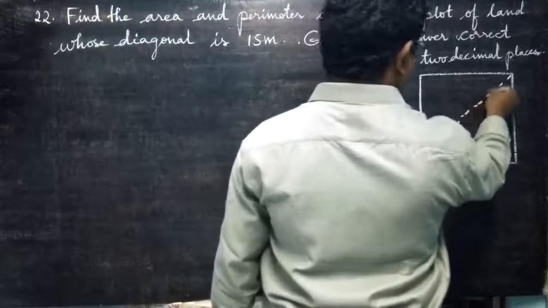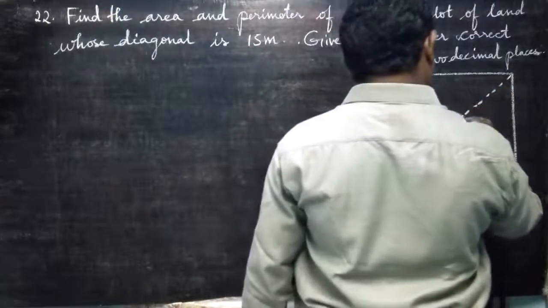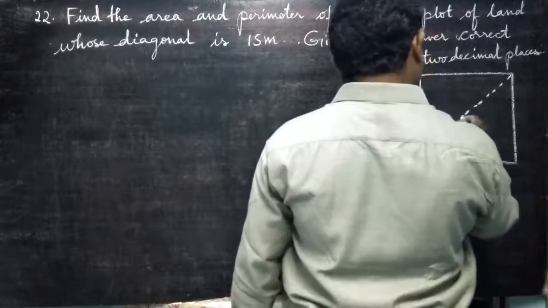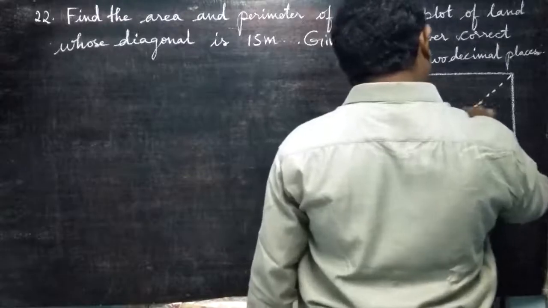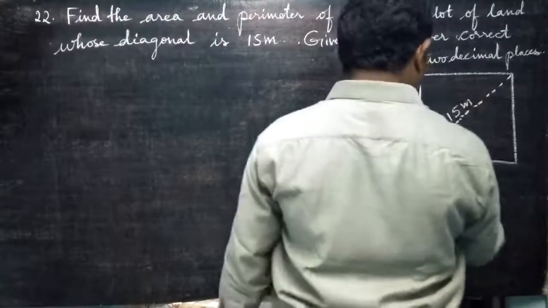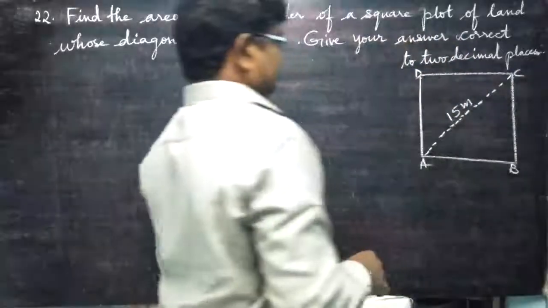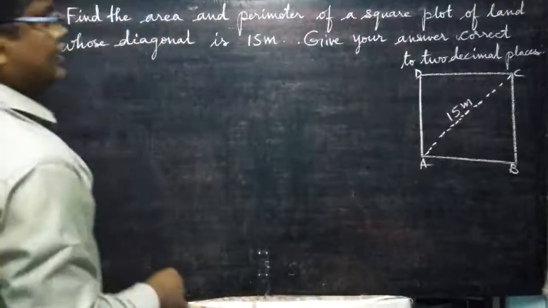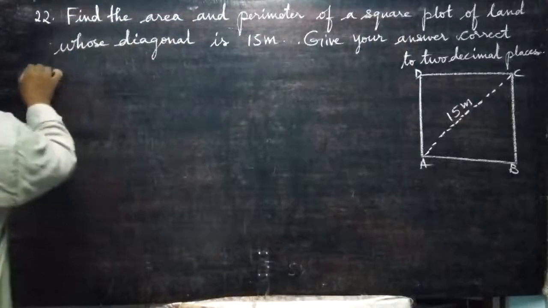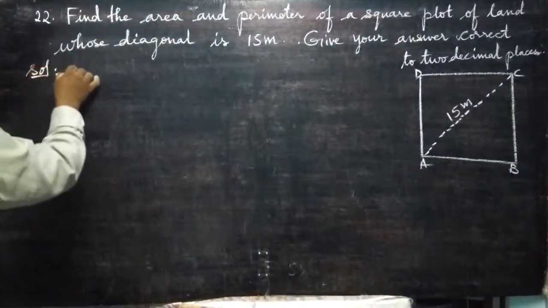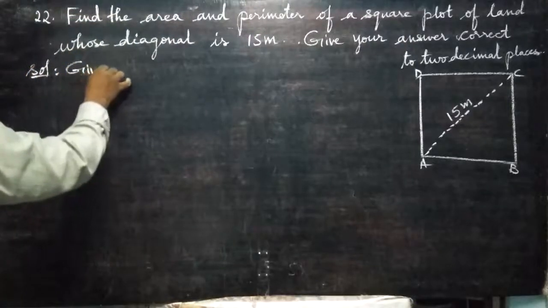This is the diagonal given. How much? 15 meters. ABCD is a square. Diagonal they have given 15 meters. Solution.